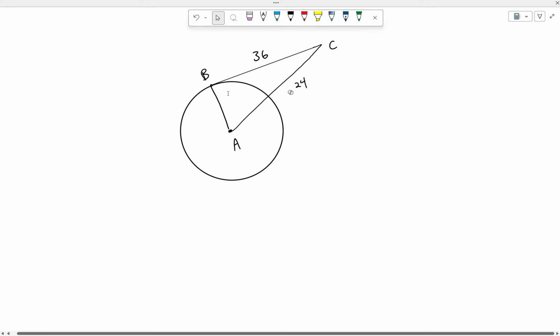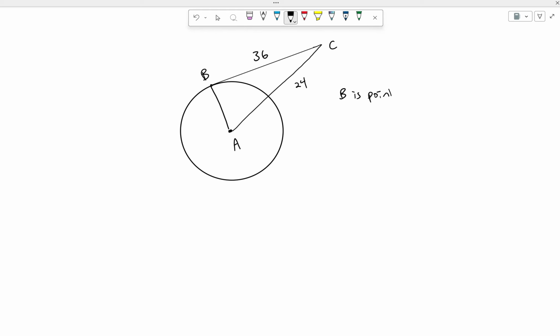this would be a right triangle as long as we have the following, which is B is a point of tangency to circle A. So we're going to find the radius.